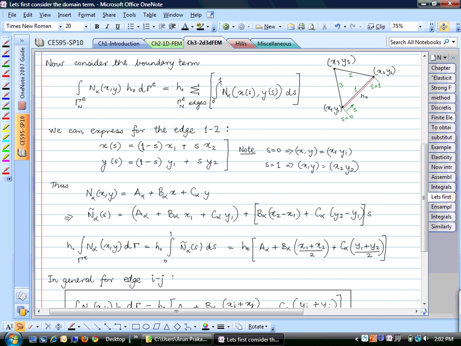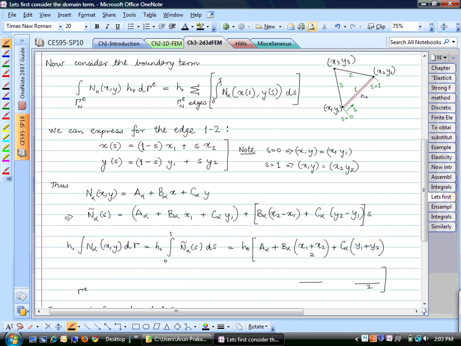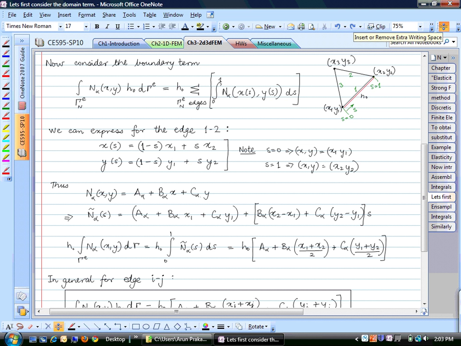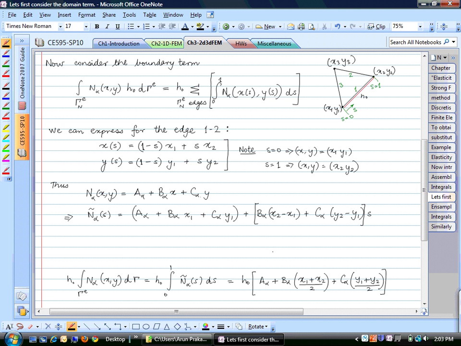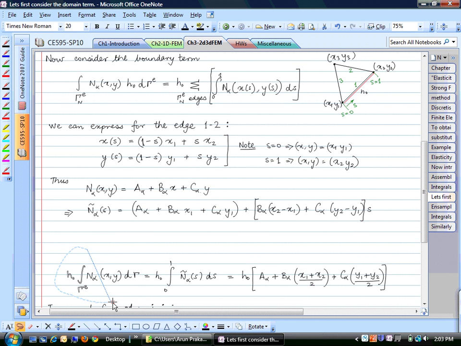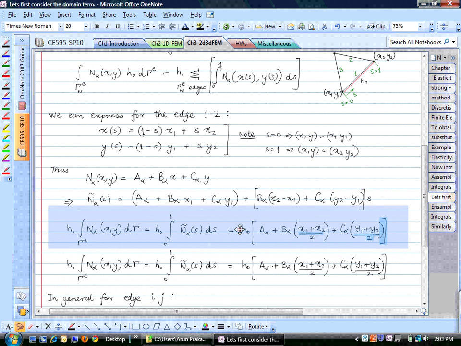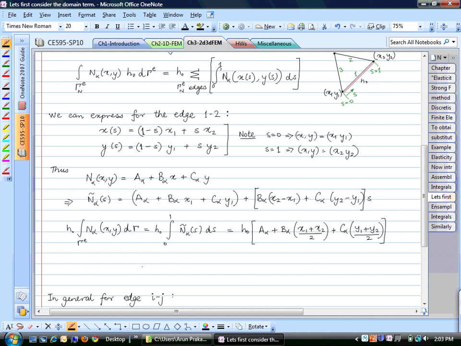So I guess you guys are not following. Let's do this. Okay, so if I want to calculate this integral right here, I'm going to substitute this entire thing into this part, and what we will have is h0 integral 0 to 1 a alpha ds plus integral, so this is the constant term.